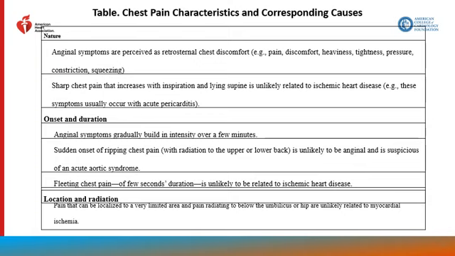Localized pain, very limited, below the umbilicus or hip, radiating to the umbilicus or hip, is unlikely to be due to myocardial ischemia. Usually the chest pain is not very limited, okay? The site will be retrosternal, radiating to the left shoulder and the ulnar side of the left arm.